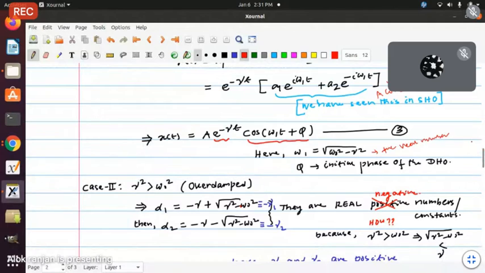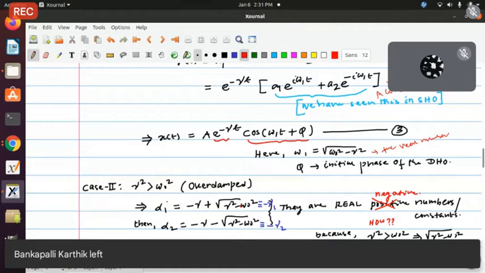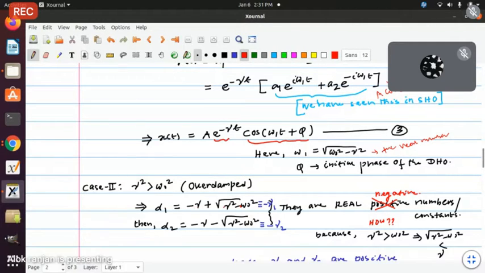Okay, now the second case. When gamma square is greater than omega naught square, the term sitting in the square bracket will be positive. So alpha 1 will be minus gamma plus the square root of gamma square minus omega naught square, and alpha 2 will be minus gamma minus the square root of gamma square minus omega naught square.